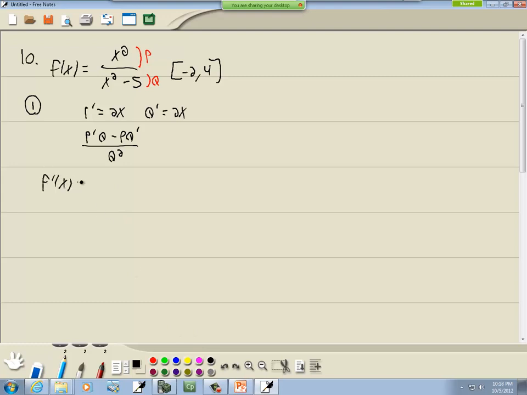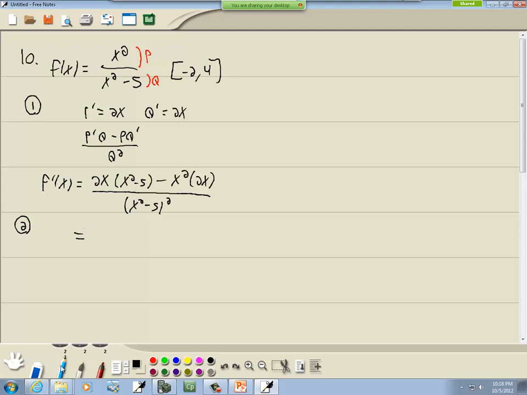So our derivative is going to be P prime, which is 2x, times Q, which is x squared minus 5, minus P, which is x squared, times Q prime, which is 2x, over Q squared, which is (x squared minus 5) squared. Now let me double check myself here. P prime, which is 2x, times Q, which is x squared minus 5, minus P, which is x squared, times Q prime, which is 2x. Okay, that looks good.